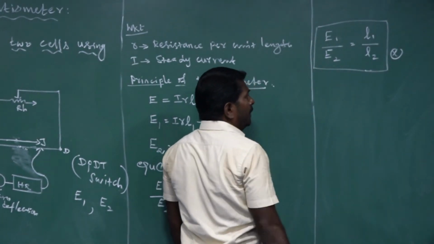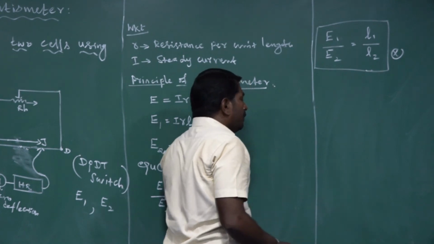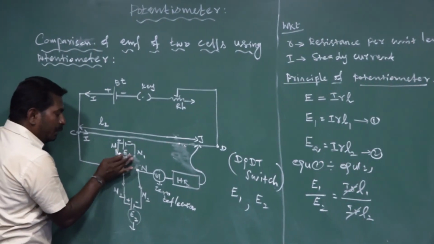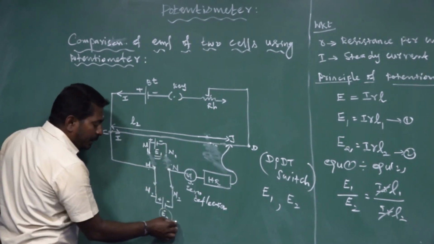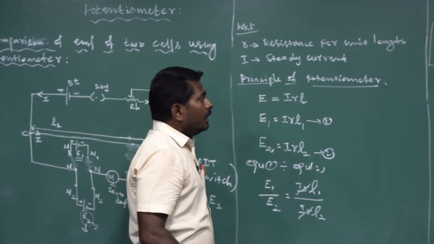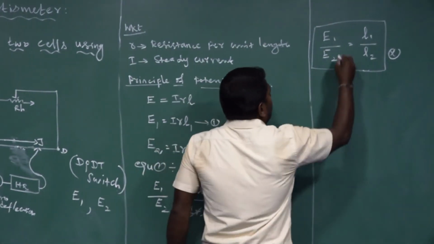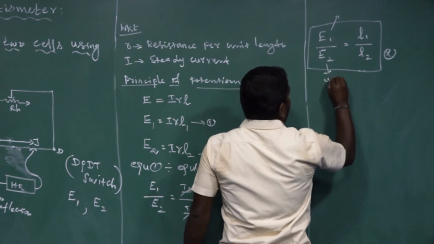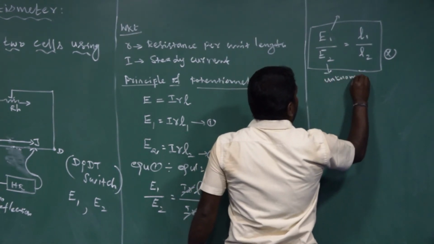From this equation, if one primary cell has a known EMF E1, we can calculate the unknown EMF of the second primary cell. Known EMF E1, unknown EMF E2.